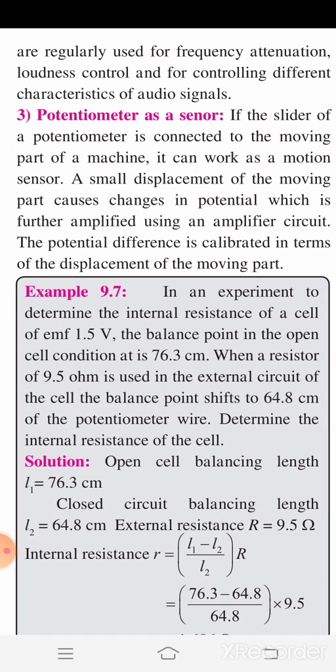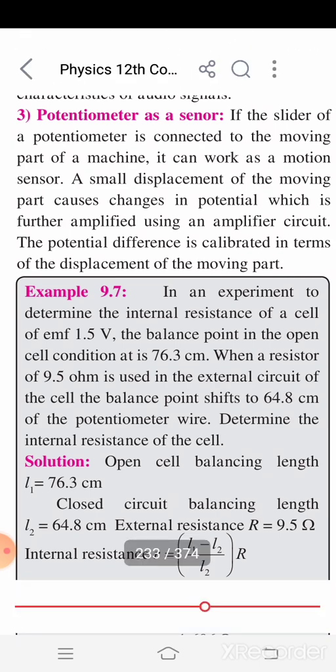Means a small displacement of the moving part of any device causes changes in potential. This change in potential is further amplified using an amplifier circuit. The potential difference is calibrated in terms of displacement of the moving part.